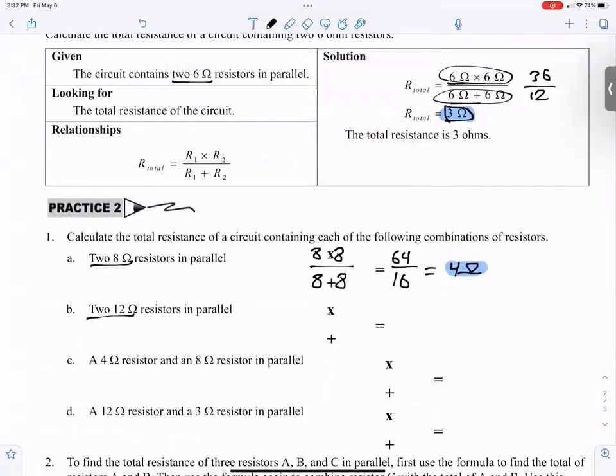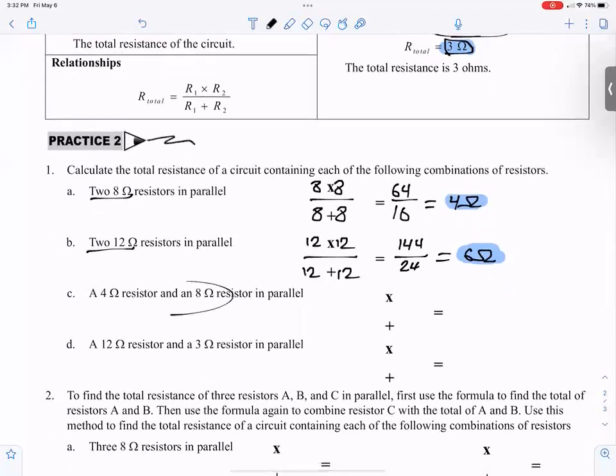Two 12-ohm resistors in parallel. Well, we would go 12 times 12 over 12 plus 12. That's 144 over 24. Divide those two and you should get 6 ohms. So how does it work when you have resistors of non-like values, different resistors?